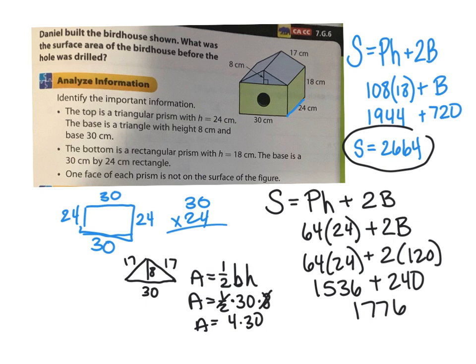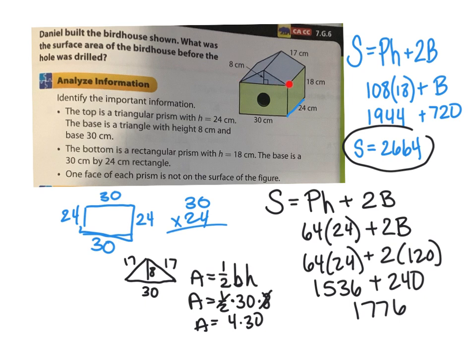And some of you may have noticed this. Remember, we had to leave the top off of this one because that's not going to be painted or whatever is the surface area. That's not a surface. That's inner. Same for this bottom of the triangular prism that's sitting on there. So we do have to find out what the area of that underneath part is and take it out.